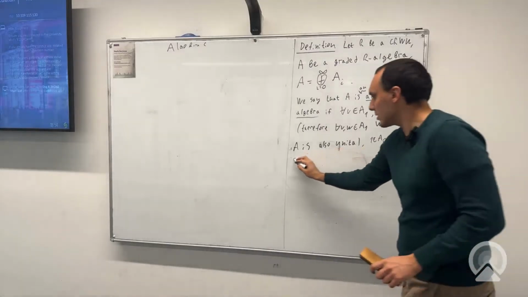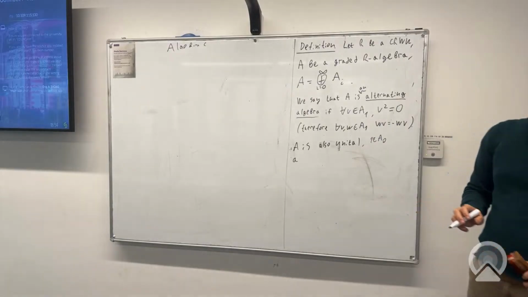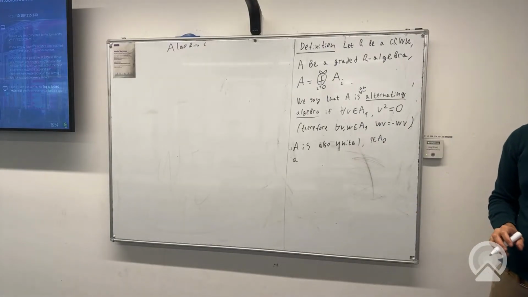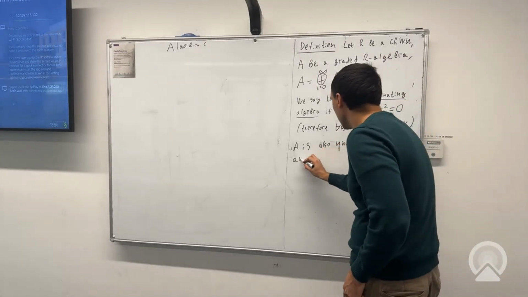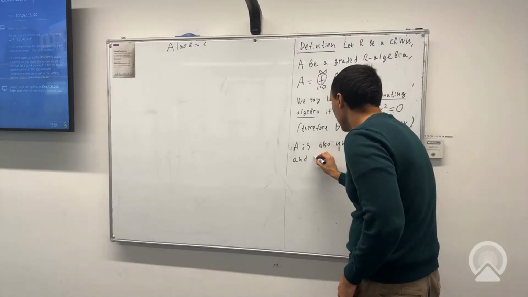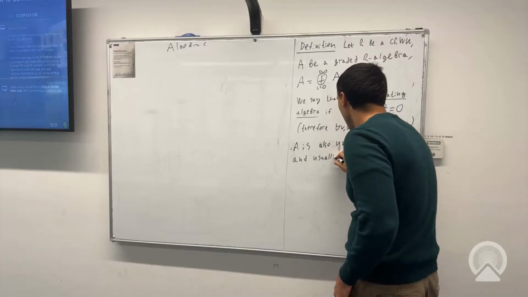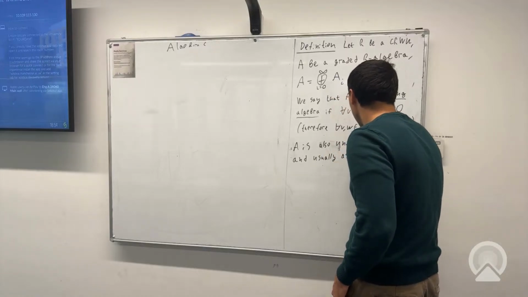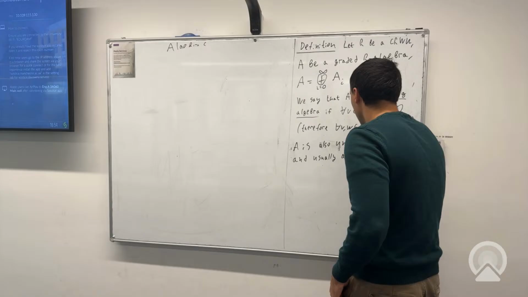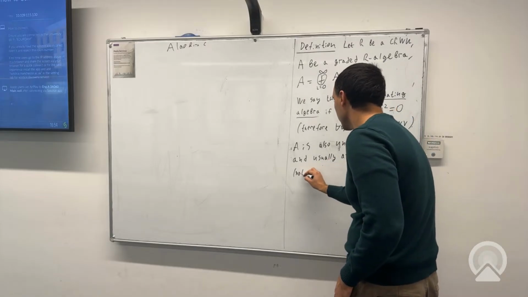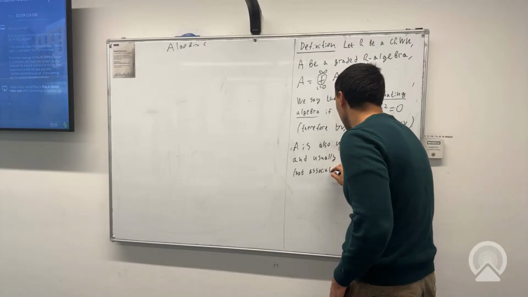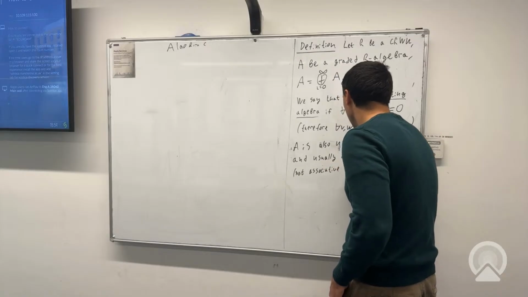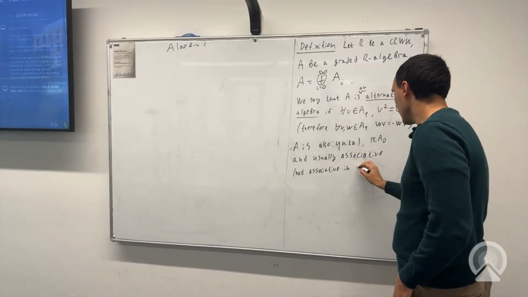And usually it's associative, but it's useful to work with non-associative as well, like in cochain spaces. So not associative in discrete spaces, in cochain algebras.